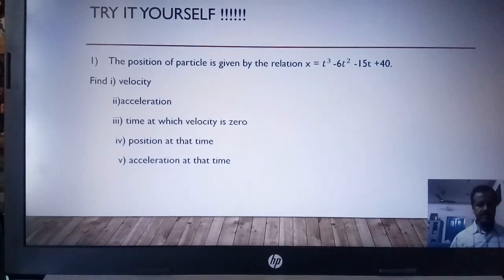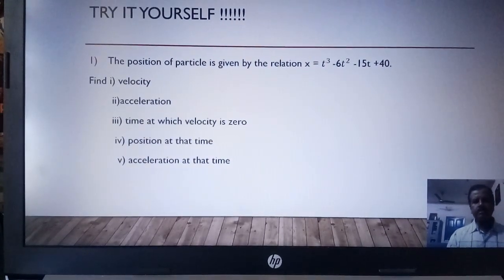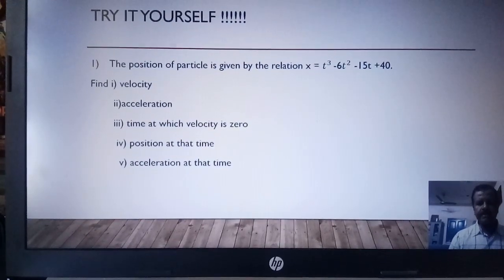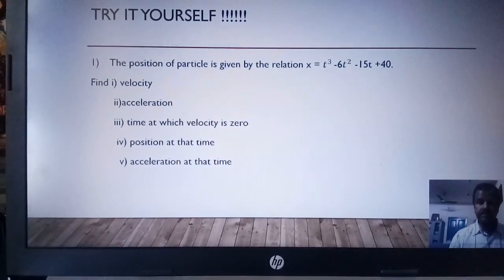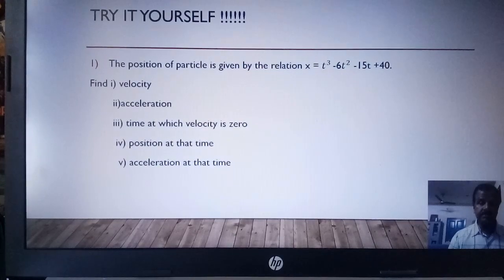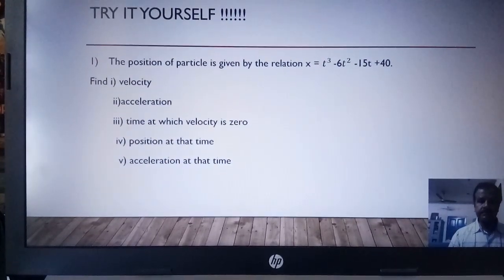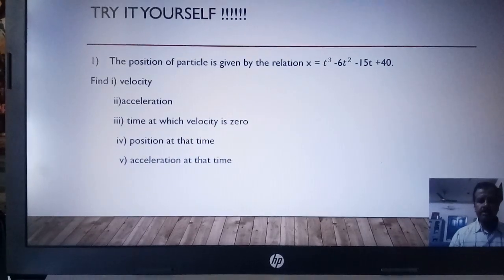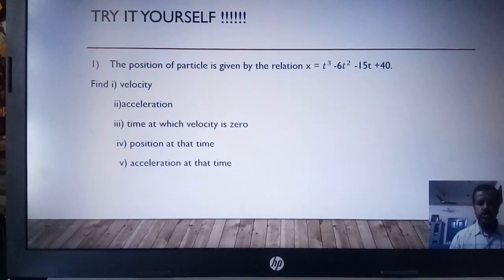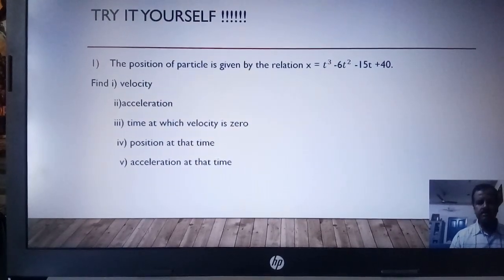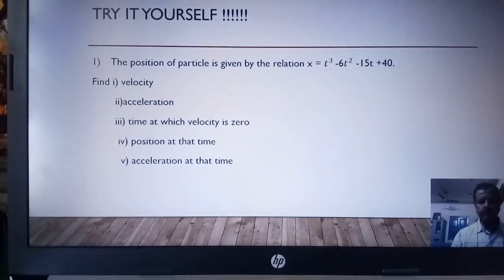First, if you differentiate the given equation with respect to time t, you will get velocity. I can say directly, 3t square minus 12t minus 15 becomes velocity.